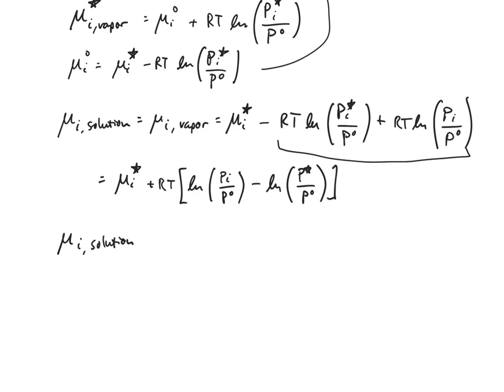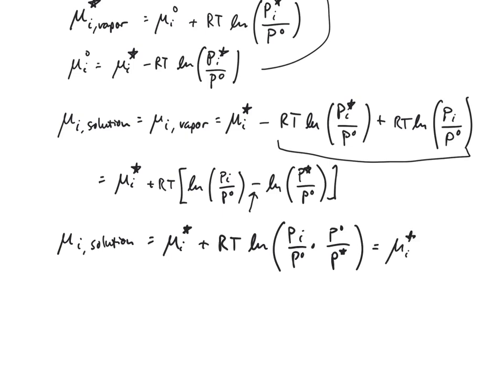The chemical potential of substance I in the solution equals the chemical potential of the pure substance plus RT log Pi over P naught multiplied times P naught over P star, because remember, when you subtract two logs, that is a division in logland. So this just equals mu I star plus RT log Pi over Pi star.